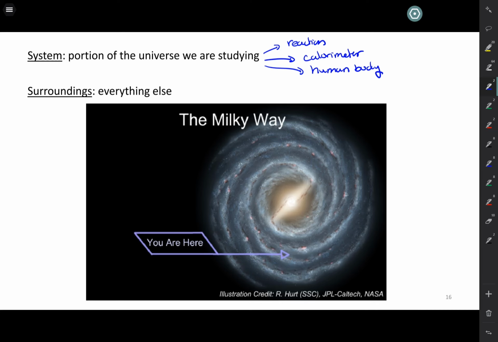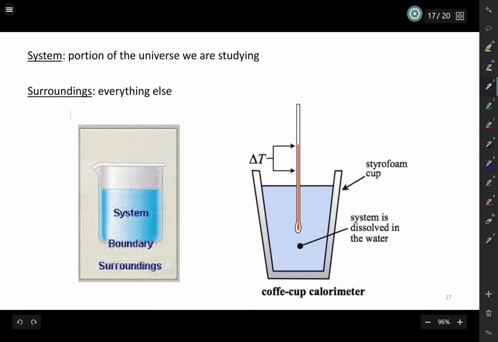When we're trying to do these studies, we try to take our system and put it in surroundings that are insulated, so we can assume that we're measuring all input and output. But in reality, the surroundings is the rest of the universe.